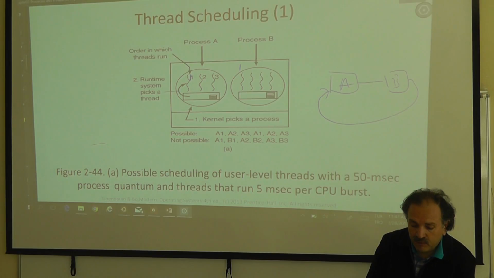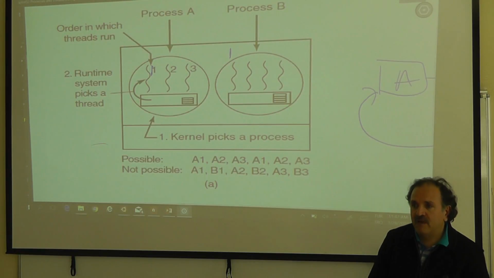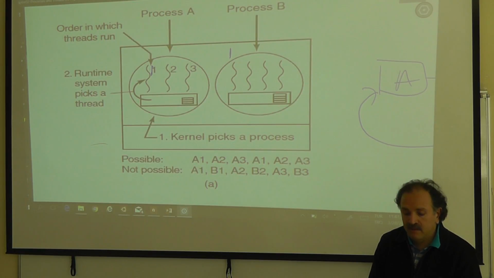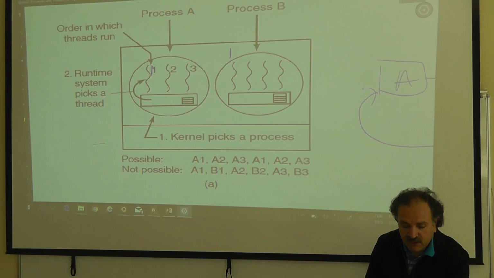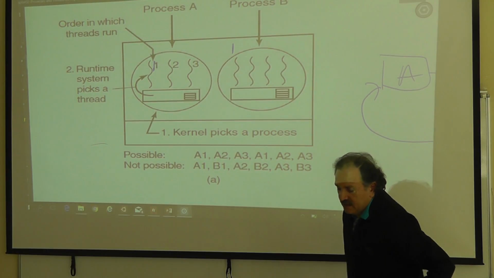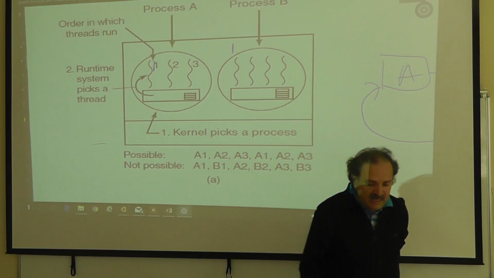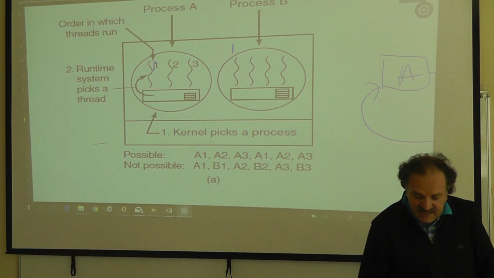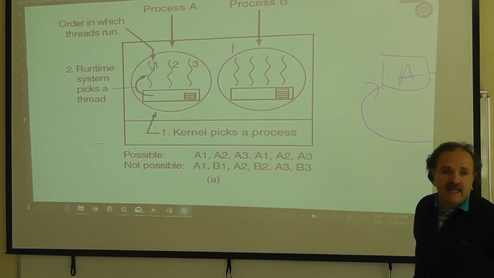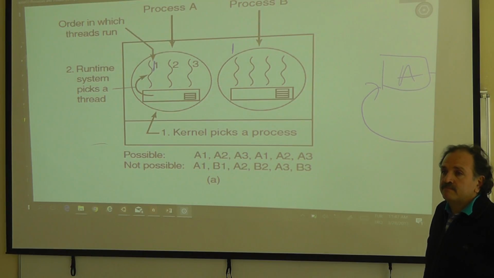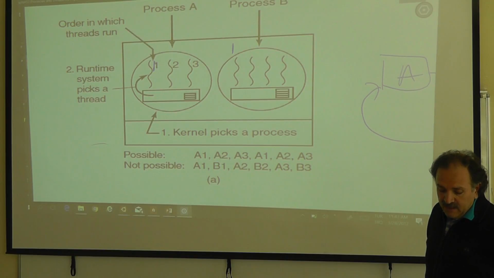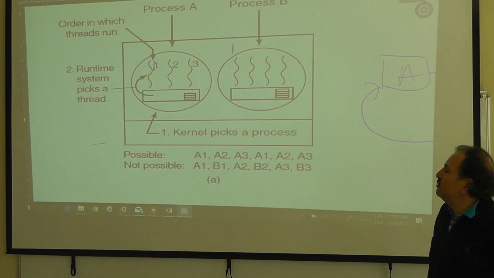Process A and process B are run preemptively. They have their own quantum time, but the threads don't have their own quantum time, because the scheduler inside my process A is not a preemptive scheduler. It cannot be. Why? If you implement your threads in the user space, you cannot run your threads preemptively.